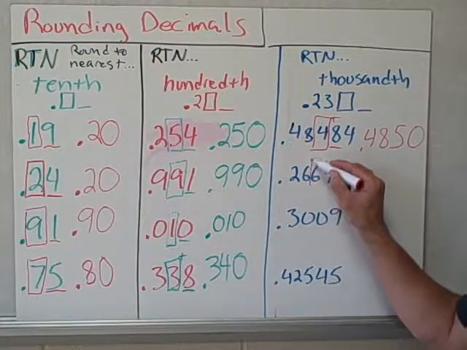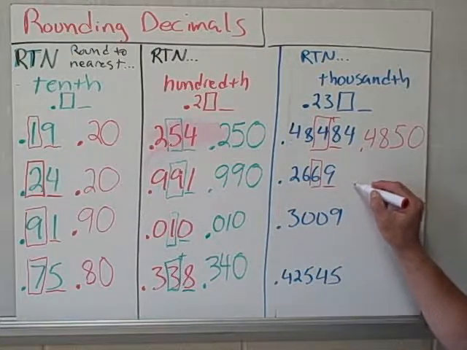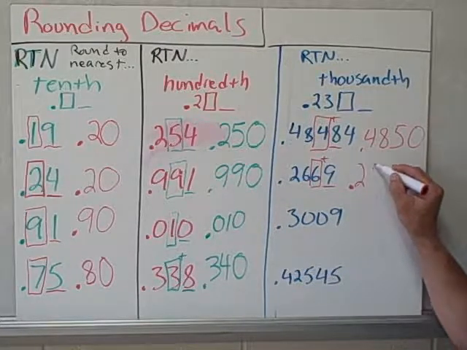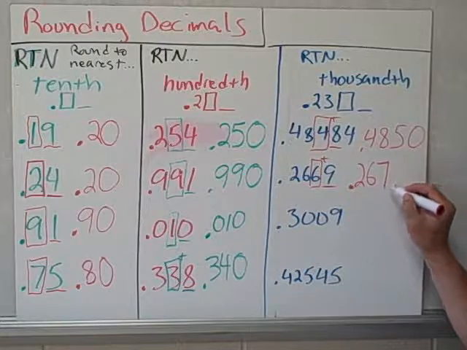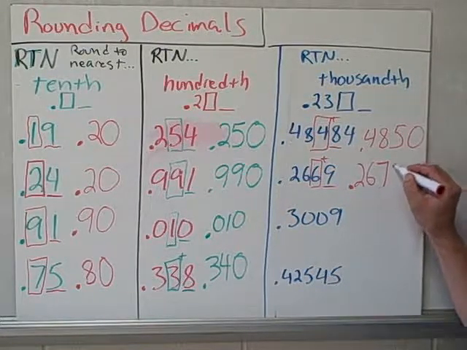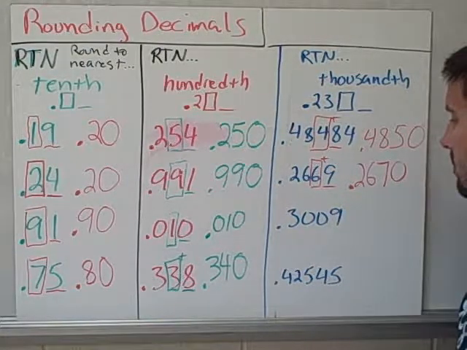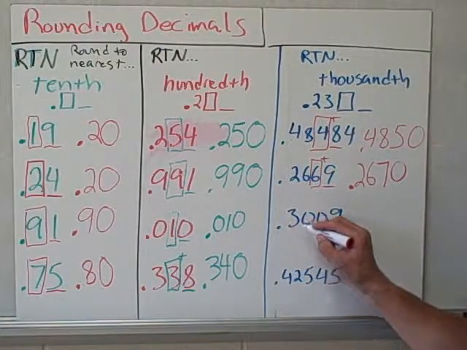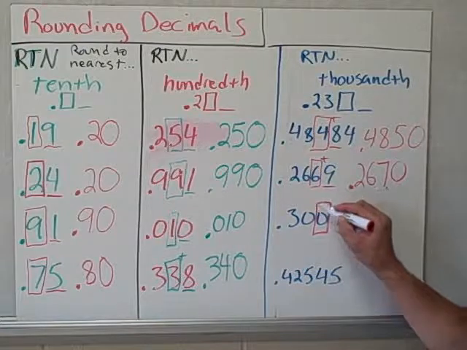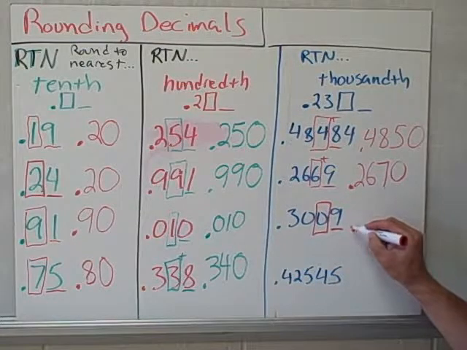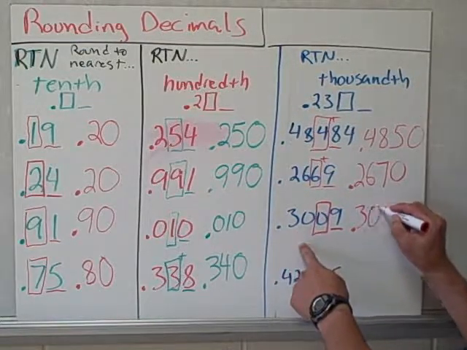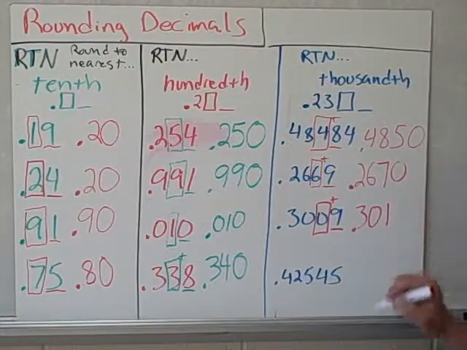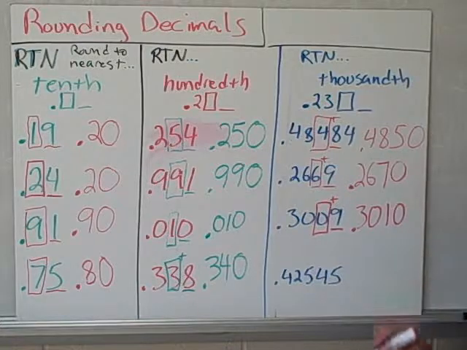Tenths, hundredths, thousandths. I'll look at this number. I'm going to add 1. 0.267, and I can add a 0 if I need to. You don't have to add the 0. Tenths, hundredths, thousandths. Look at this number. Does this number change? Yes, because it's a 9. That goes to 1, and I can leave that as 0.